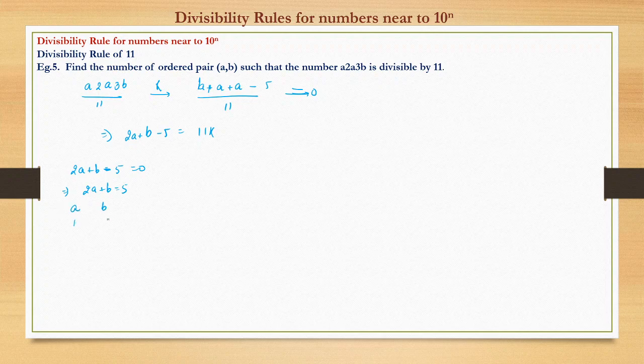If a is 1, b is 3. If a is 2, b is 1. That's it, right? A cannot be 0, otherwise, if I take a as 0, b will be 5. But in that case this will not remain a 5-digit number, it will become a 4-digit number, right?